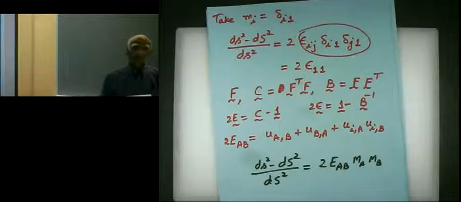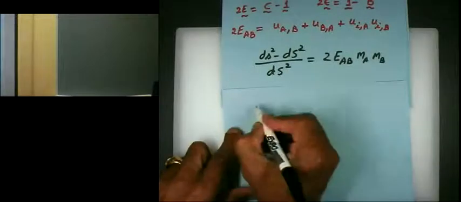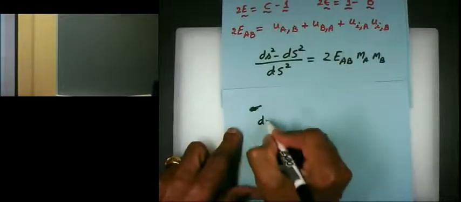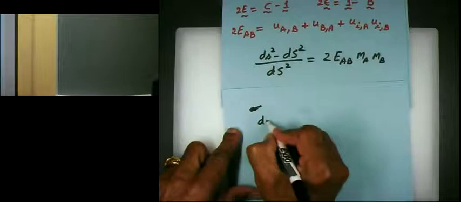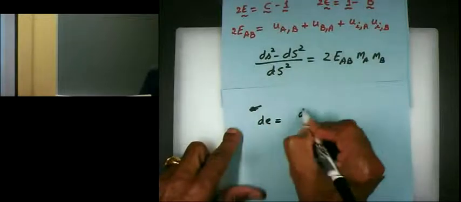But you cannot do that if you define it as change in length per unit undeformed length. So to make my point, say, axial strain, incremental axial strain, dE, I'm saying it is dL over L.